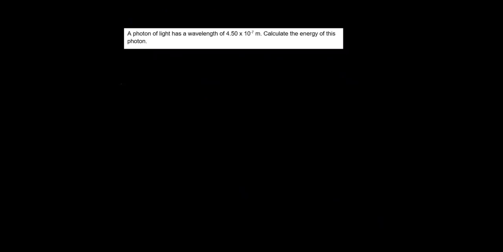So now we're going to do another practice problem. This question asks for the energy of this photon, but only gives you the wavelength. So first we're going to want to find the frequency using the electromagnetic radiation equation, which is c equals wavelength times frequency. Because if we use the other equation, then we don't have the energy or the frequency, so we can't use that.